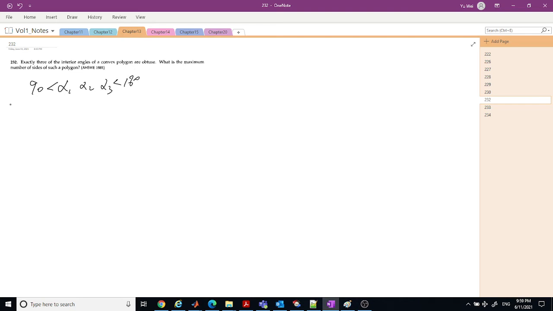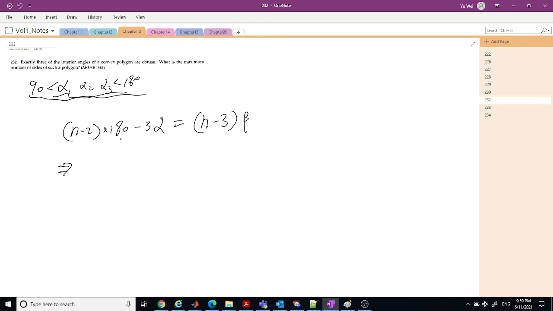What's the maximum number of sides? Let's say it's an n-gon. So n minus 2 times 180 minus, let's see, all the others are equal, is 3 alpha plus the n minus 3 angles left times beta. So now let's solve for n.